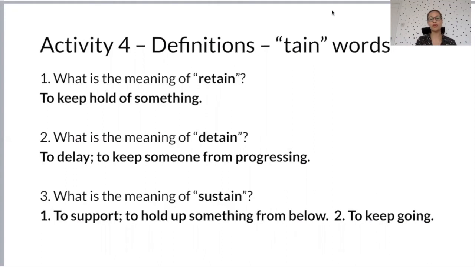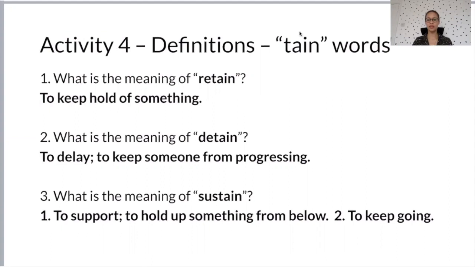So if you have renewable energy sources, for example, they're sustainable, so you can keep going with that type of energy rather than running out of it at some point. So often people want sustainable materials, materials that you can use and then they'll regrow in a short amount of time so you can keep going with it.